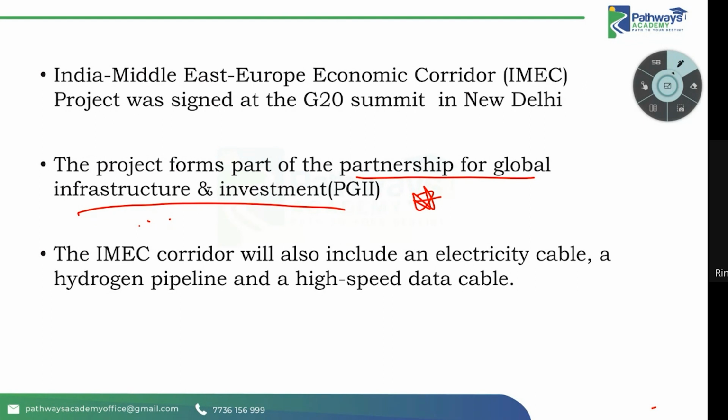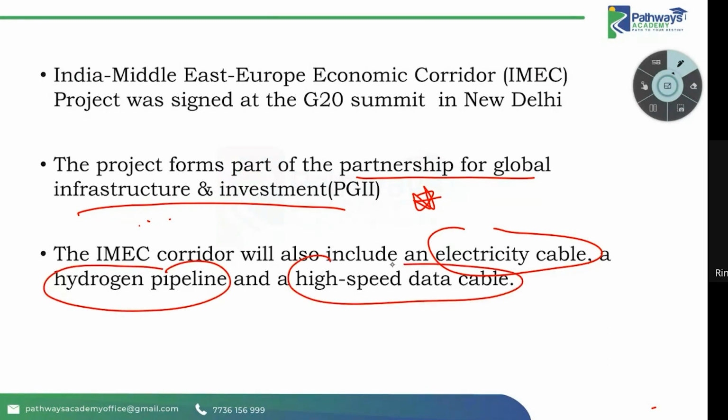Then it is multi-modal connectivity. What do we mean by multi-modal connectivity? It includes rail, sea route, and road connectivity. But it also includes electricity cables, a hydrogen pipeline, and a high-speed data cable.